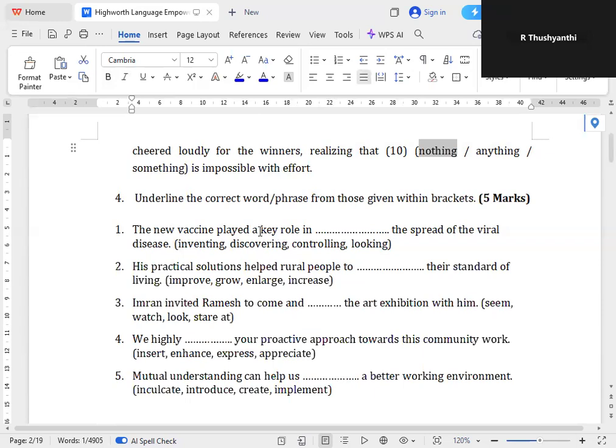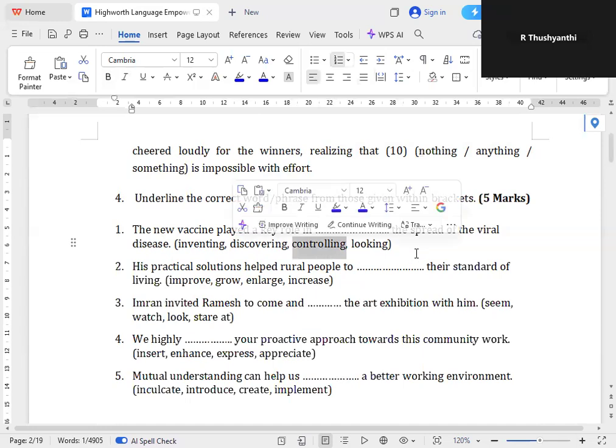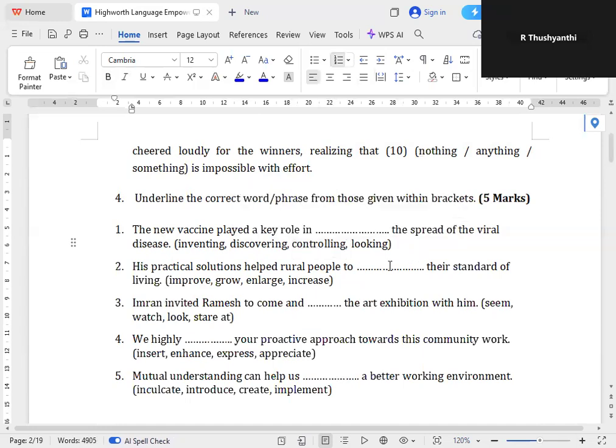The words given are inventing, discovering, controlling, and looking. Why do we administer a vaccine? To control the disease, right? So the new vaccine played a key role in controlling the spread of the viral disease.